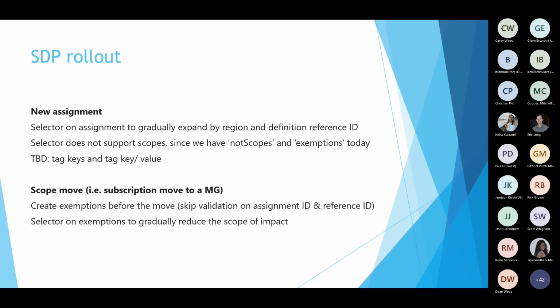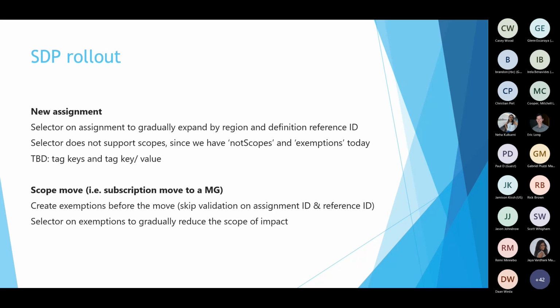This way you can essentially create all the exemptions ahead of time, move to your desired scope, and then delete the exemption as a way of doing the gradual rollout.